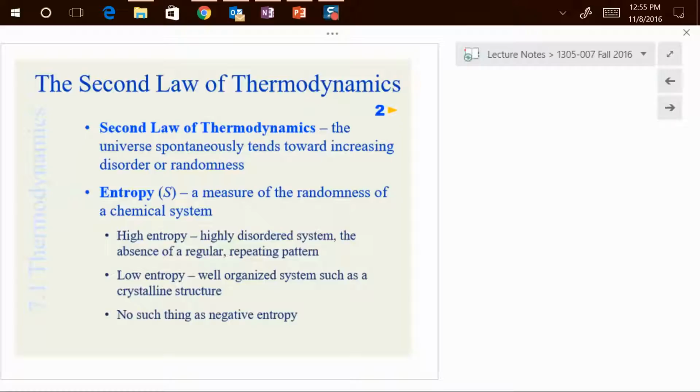Or if I couple an ordered process with an endothermic reaction, that's always going to be non-spontaneous. But what happens when you couple an endothermic process with something that disorders itself? So that seems kind of backwards. Or an exothermic process with something that becomes more orderly.